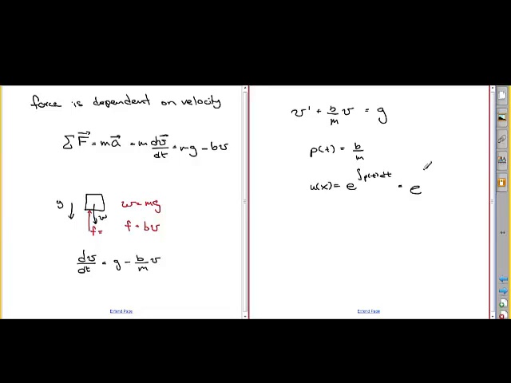So we get e to the integral of b over m, which is a constant, times dt. So you take the constants outside, and then you have the integral of dt, which is just t. So our integrating factor is e to the b over m times t.